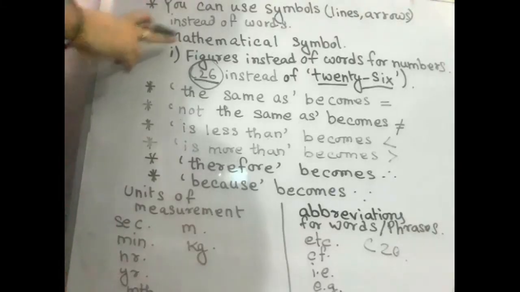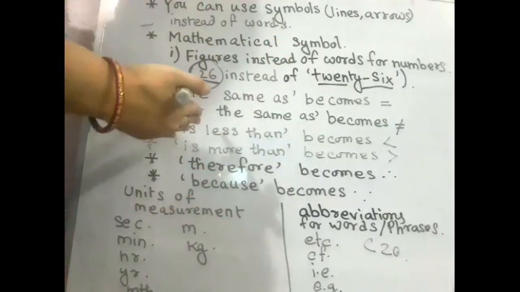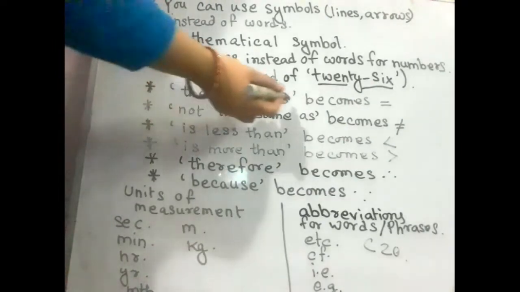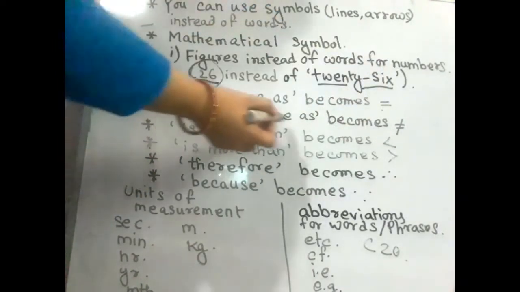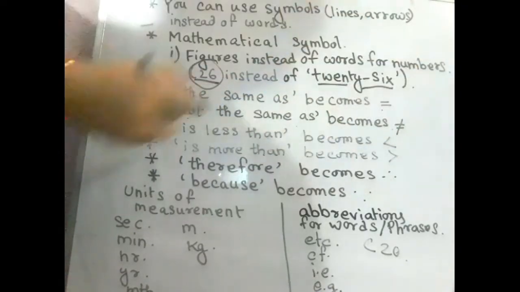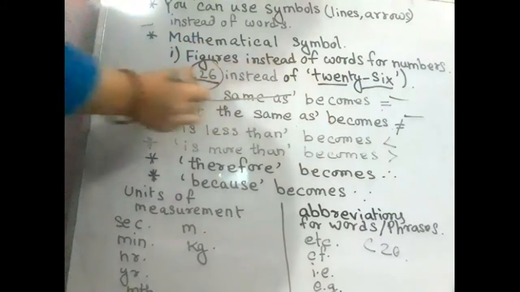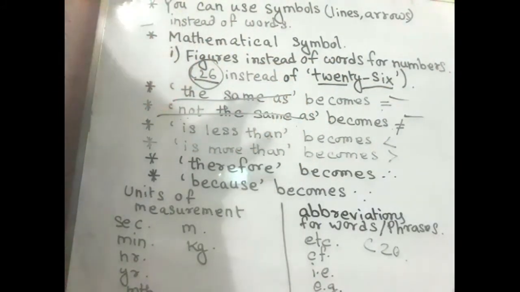And mathematical symbols, you can omit few phrases and instead of that you can use mathematical symbols like the same as becomes is equal to, not the same as becomes not equal to sign. You can use these symbols, you can omit this one. Okay, always remember we have to make notes in short.